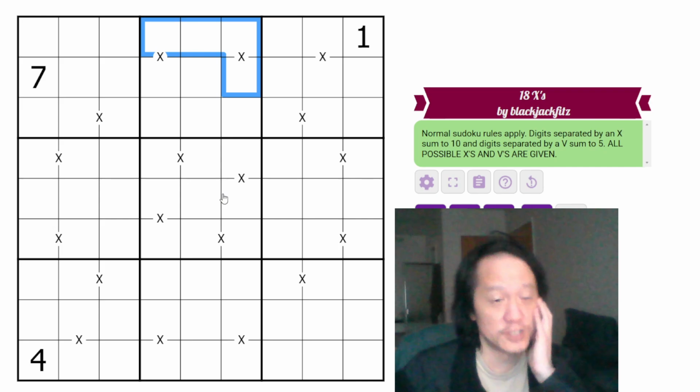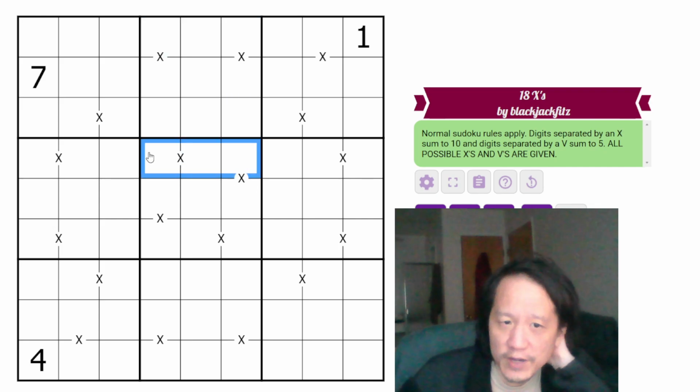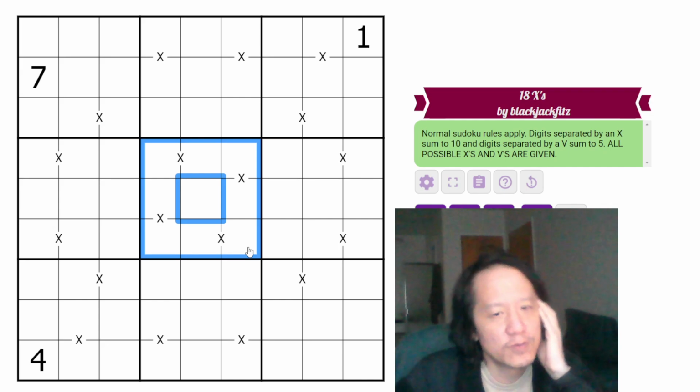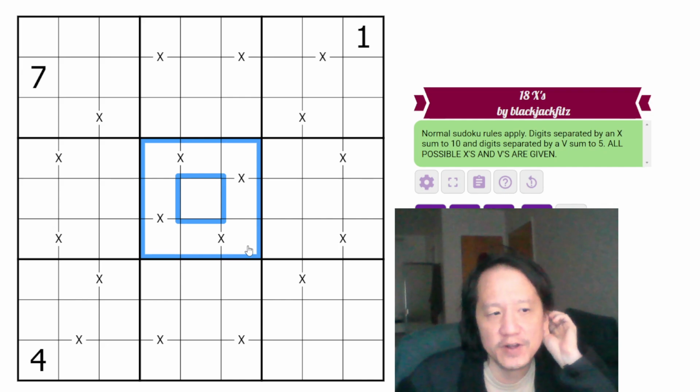We do know that for these digits, you have 8 of them, which must each be part of a 2-cell domino that adds up to 10, because all of these add up to 10.